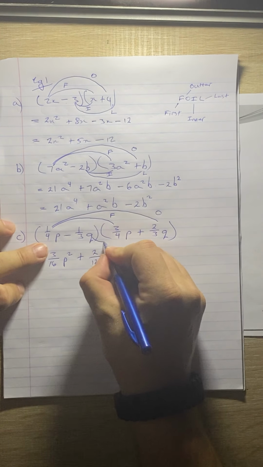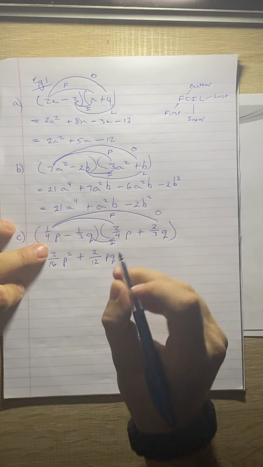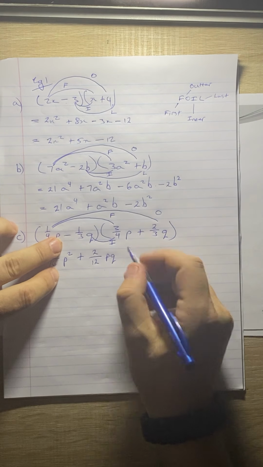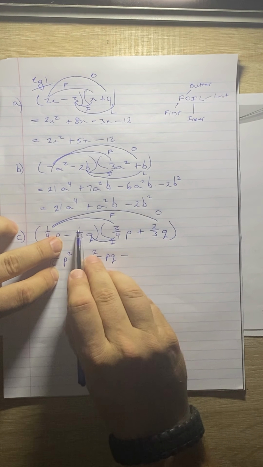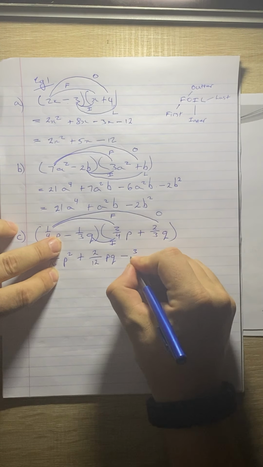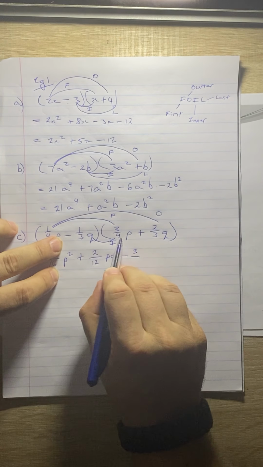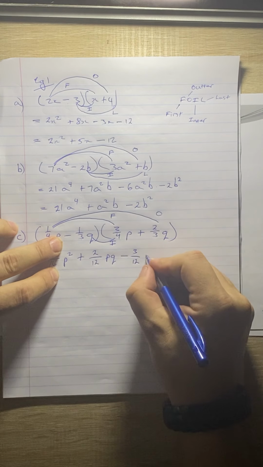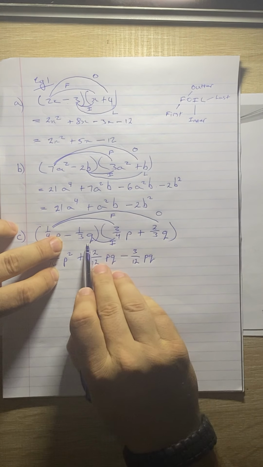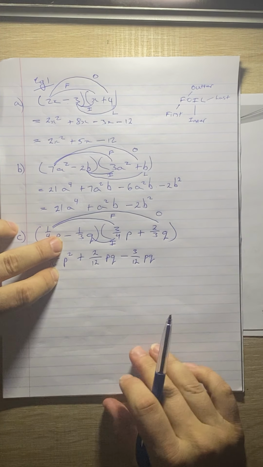Let's do our inners. So a negative times the positive will give us a negative. Again, top with top, bottom with bottom. 1 times 3 gives us 3 over 3 times 4 gives us 12. Then we've got Q times P will give us PQ. Okay, yes, I know it's QP, but I'm just putting it in alphabetical order.